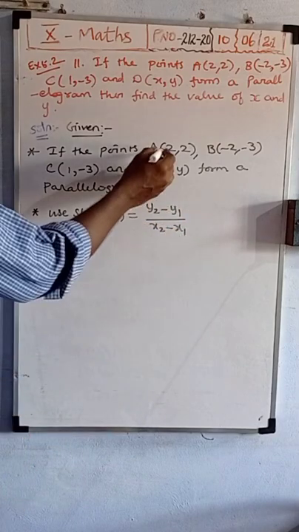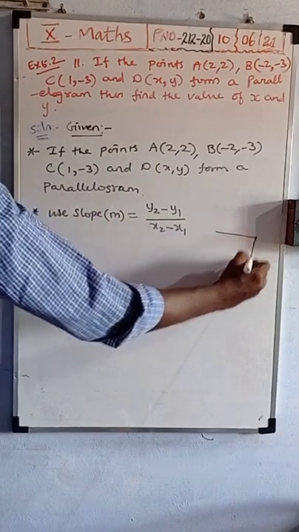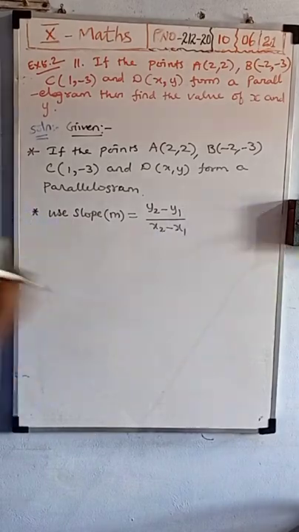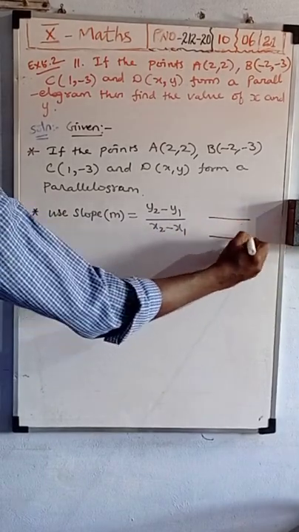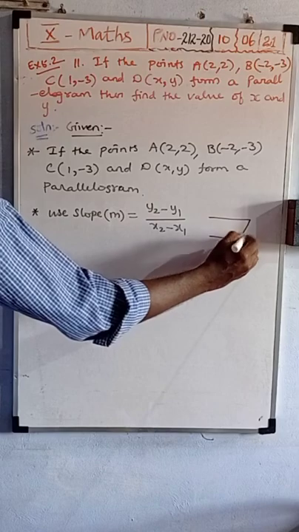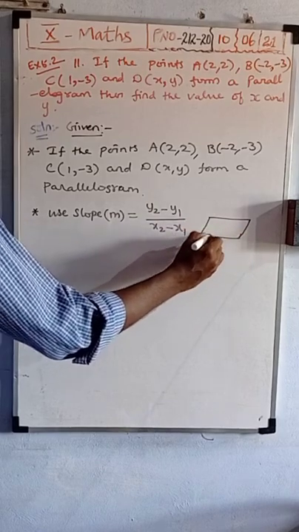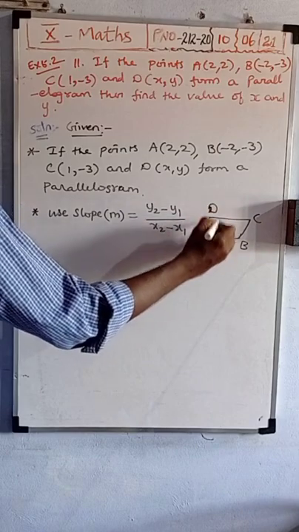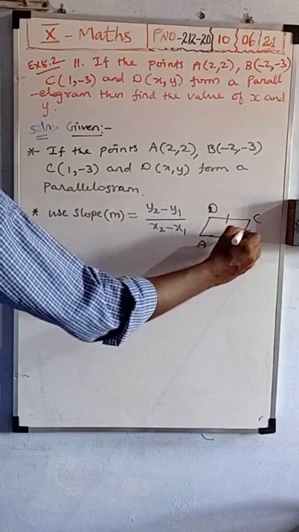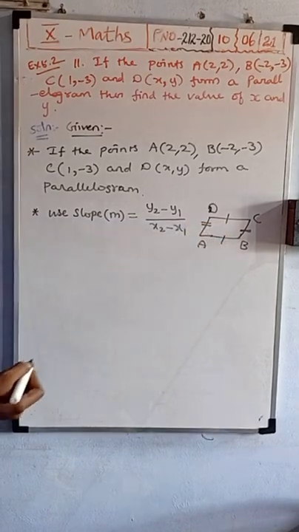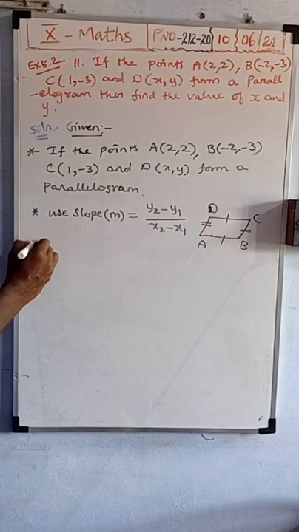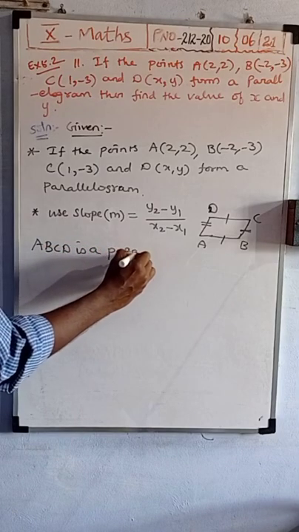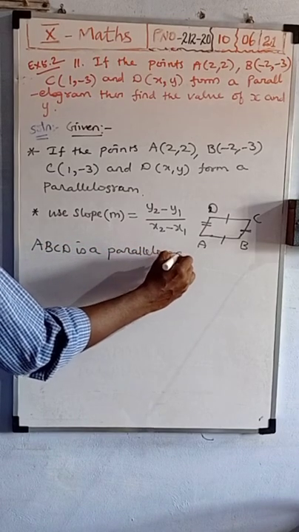See, draw the parallelogram shape with points A, B, C, D. It forms a parallelogram. These two sides are parallel, and these two sides are parallel. So ABCD is a parallelogram.